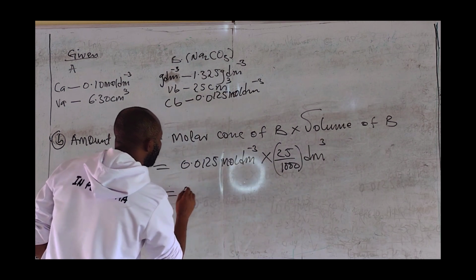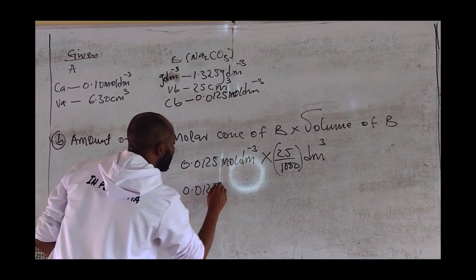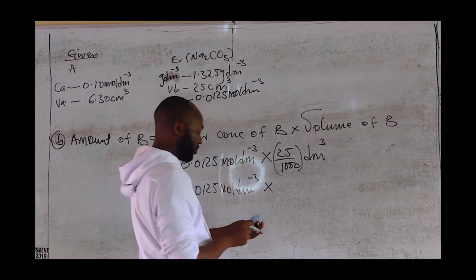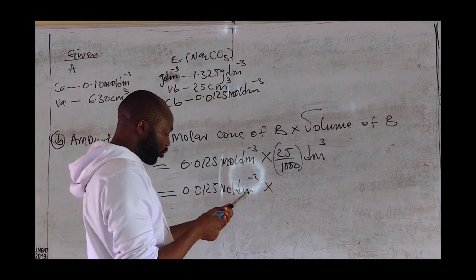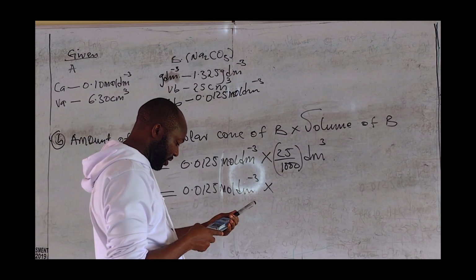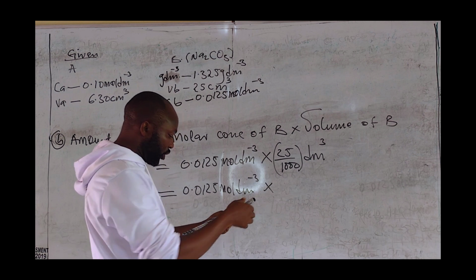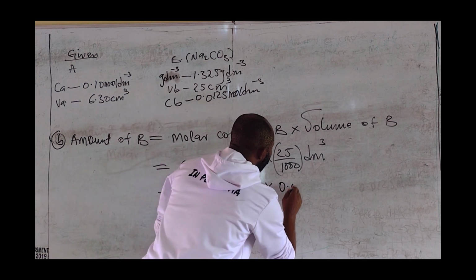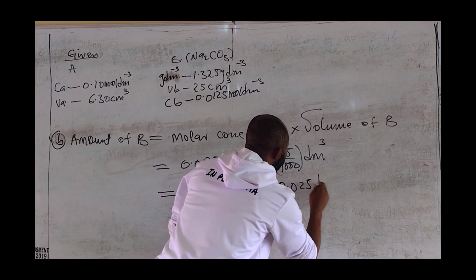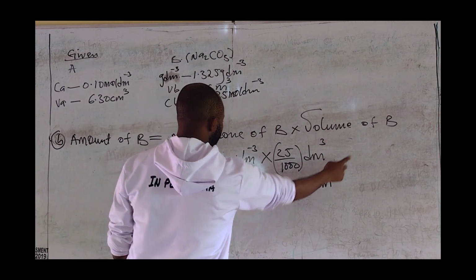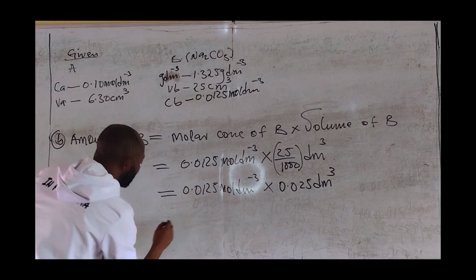Now this is 0.0125 mole per dm cube times 25 divided by 1000, which is 0.025 dm cube. If this cancels this, we are left with mole.